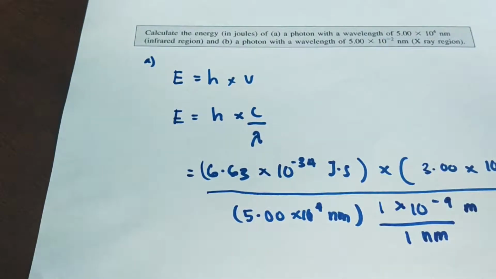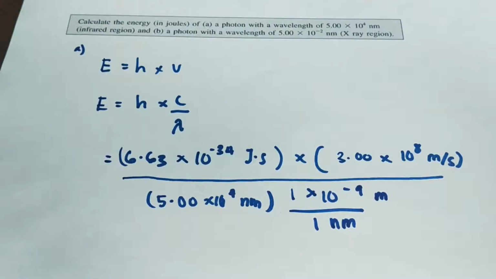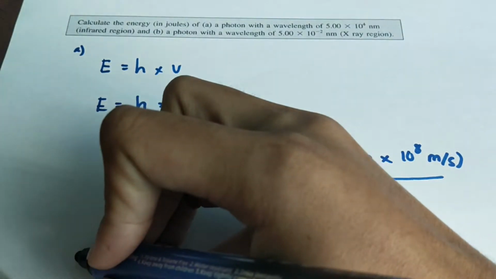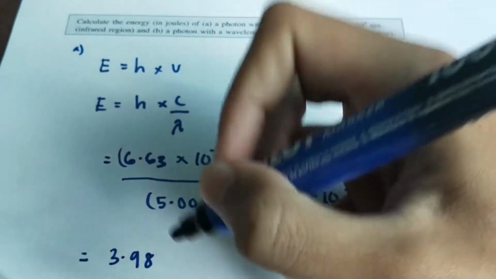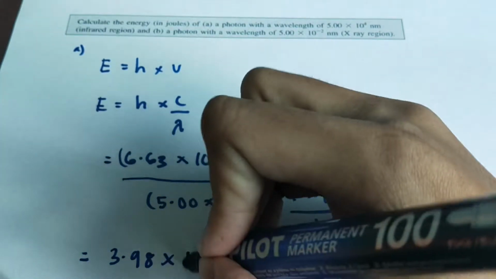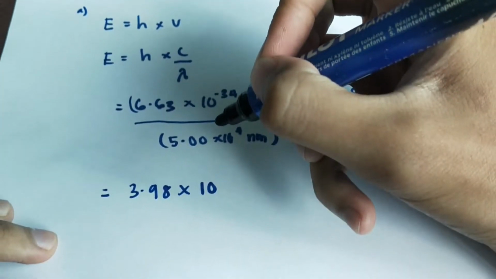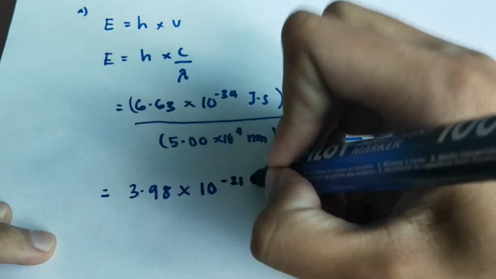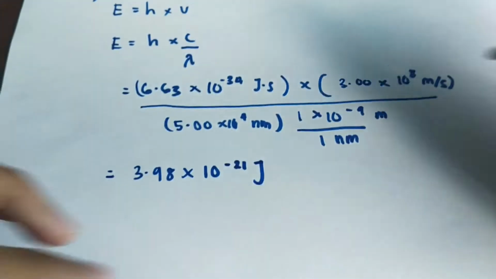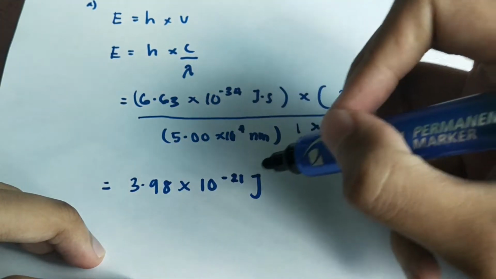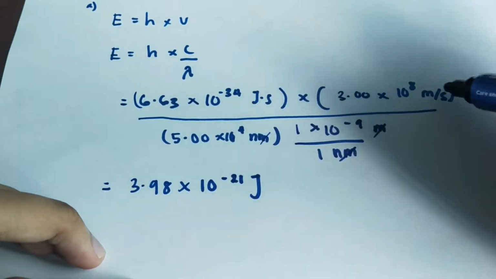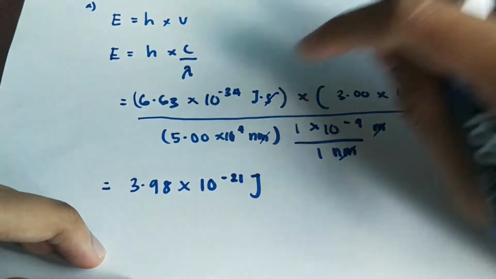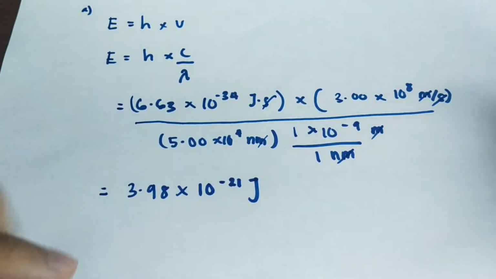So we calculate from this equation, we get 3.98 times 10 to the power of negative 21 joules. Why do we get only joule? Because we cancel out Newton meter second with second, so the only unit left is joule.